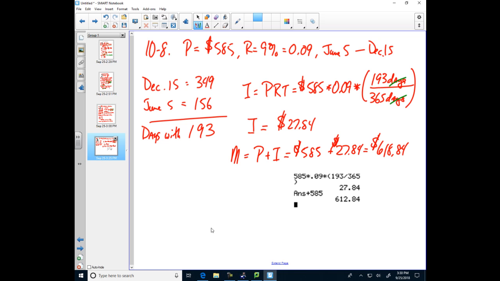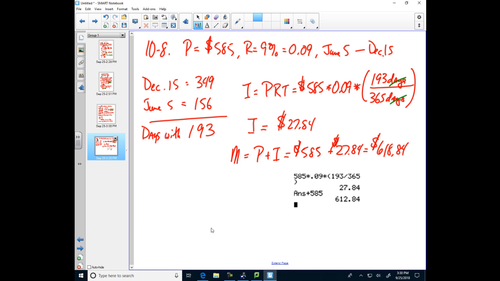There's a couple problems in here, I think they're in years. So if it's a 3-year loan, over here at the time you're going to have 3 over 1. Okay? Or just times 3. So get your time right. Make note of whether it's ordinary interest or exact. If it asks for maturity value, you just add it up. Add the principal to the interest.